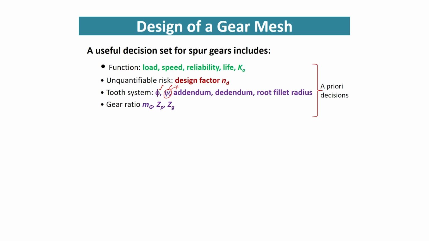Then gear ratio mg, which is the ratio of number of teeth on the gear divided by number of teeth on the pinion. So, this must be known a priori. So, these are the a priori decisions. Then number of teeth on the pinion, number of teeth on the gear, and these should be selected taking care of the interference.